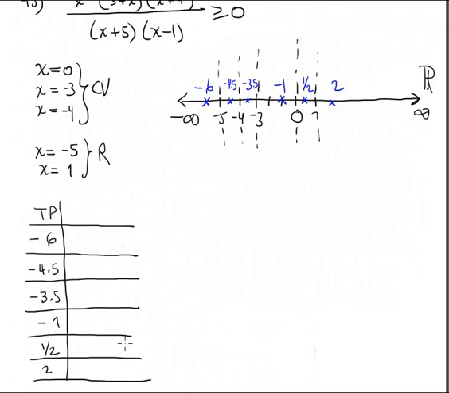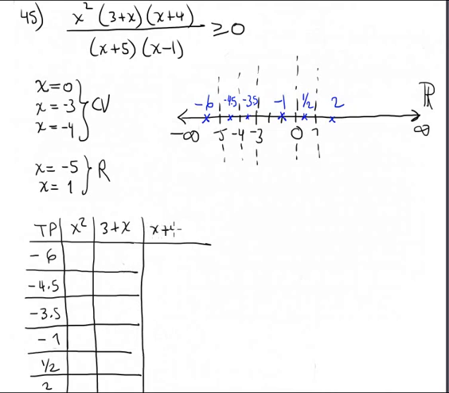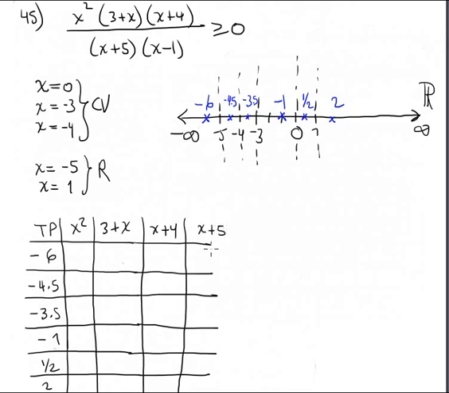The factors we have in our problem are x squared, (3 + x), x + 4, x + 5, and x - 1.